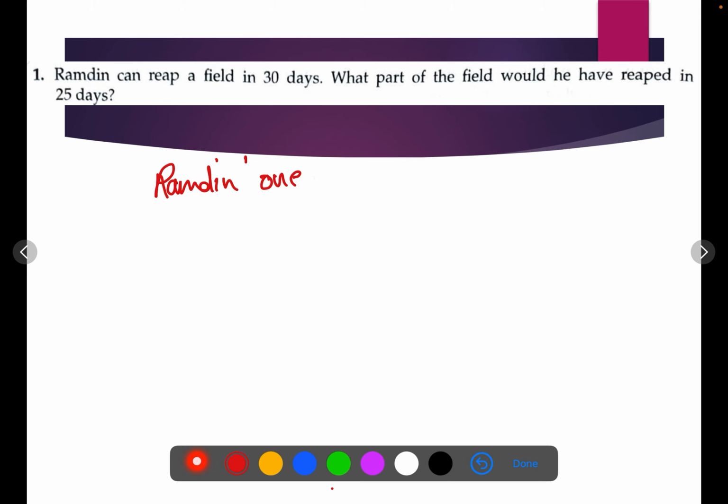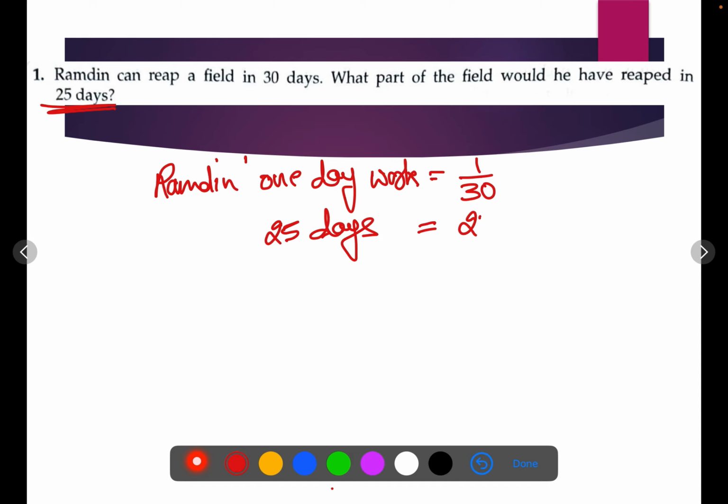Ramdeen's 1 day work would be 1 upon 30 as we have already learnt. Now, if in 1 day he is doing 1 upon 30 work, then what will be 25 days work, which is asked in the question. So my answer comes out to be 5 upon 6 work. So he will be able to complete 5 by 6 work.